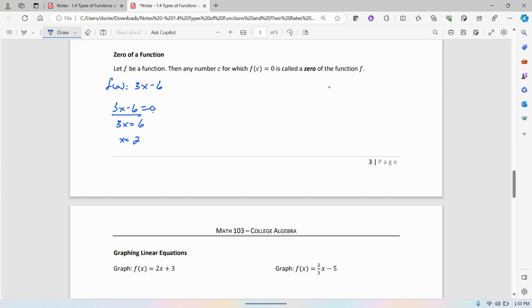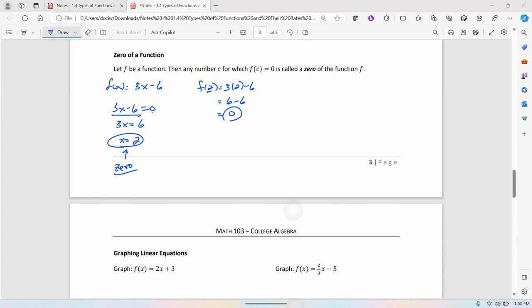Add the 6 to both sides, divide both sides by 3, x = 2. x = 2 is a zero of the function because f(2), which is 3 times 2 minus 6, equals 6 minus 6 equals 0. So 0 is the result of putting 2 in for x. 2 is a zero of that function.